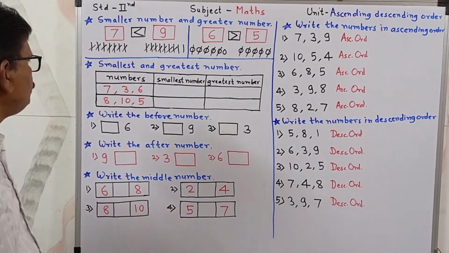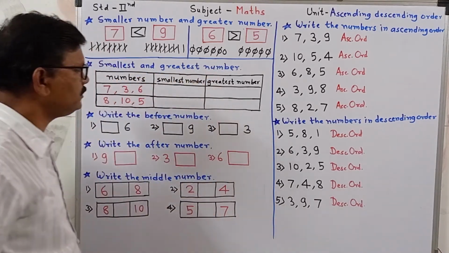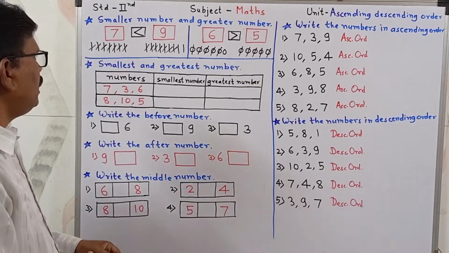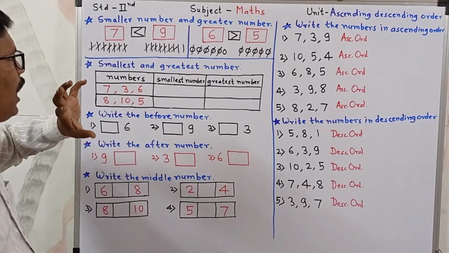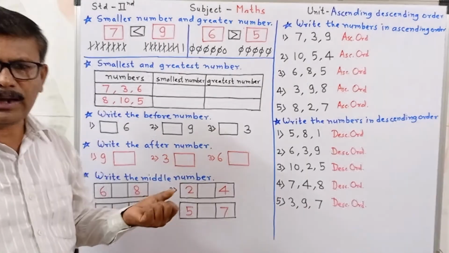Okay. Now smallest and greatest number. How? We also smaller number and greater number. How we determine it? So count from 1.